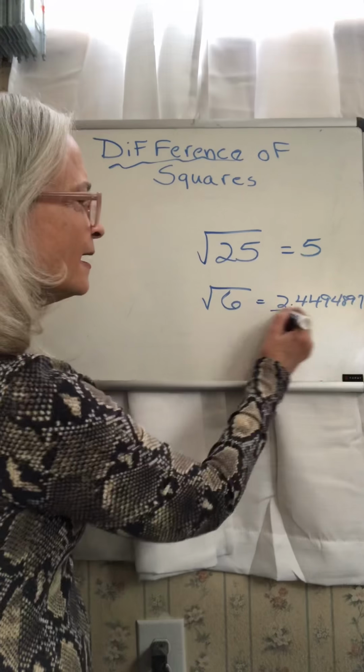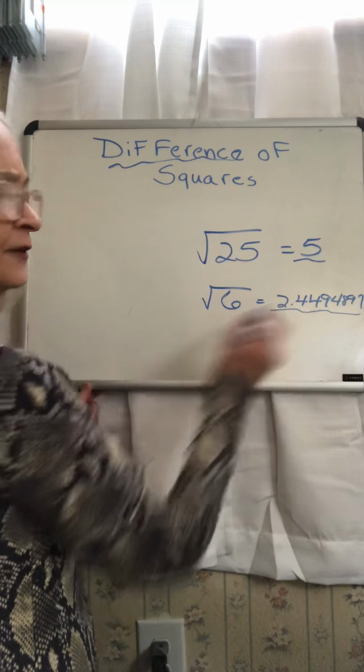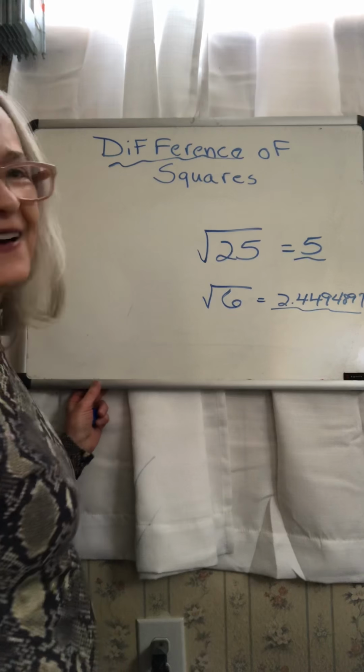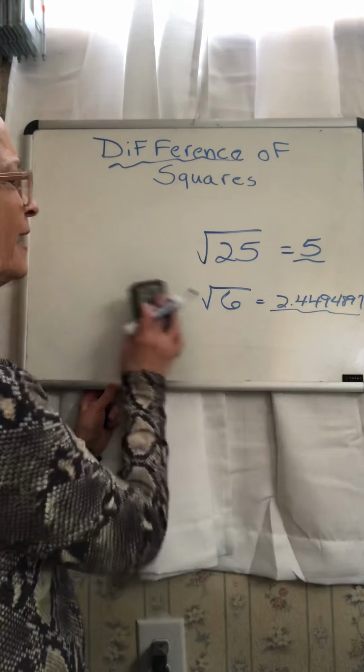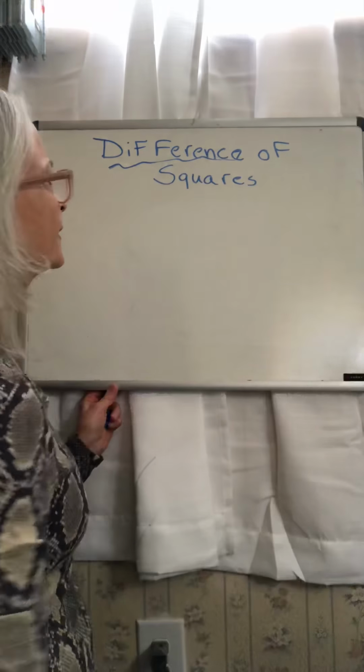So this is not a perfect square. Notice, perfect, no decimal, not perfect, okay? Okay, so we're going to be talking about perfect squares when we're talking about a difference of squares.